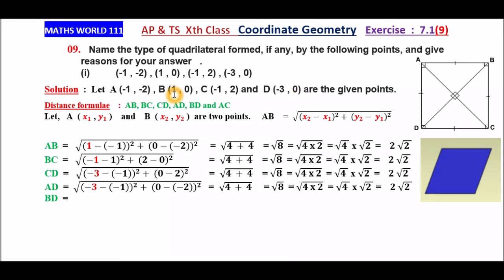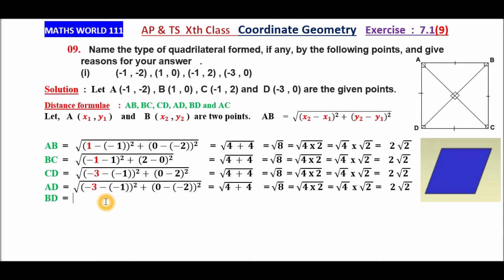So B is 1, 0, that is x1 is equal to 1, y1 is equal to 0, and D is minus 3, 0, that is x2 is equal to minus 3, y2 is equal to 0. Just simply substituting these values x1, y1, x2, y2 in the formula, we get BD.